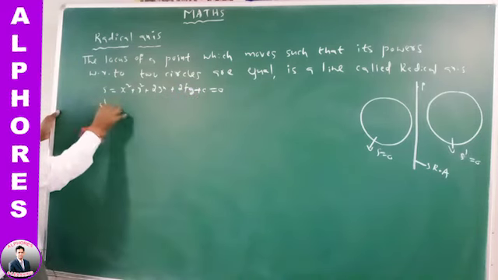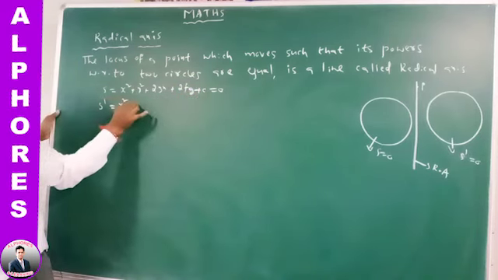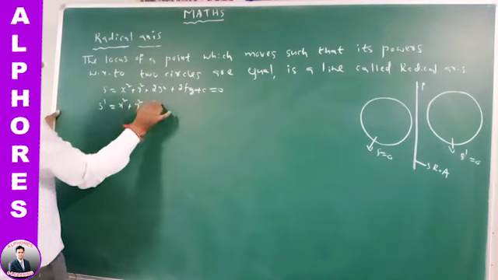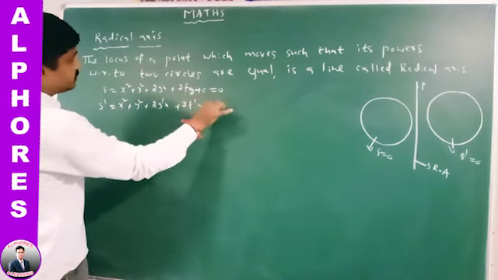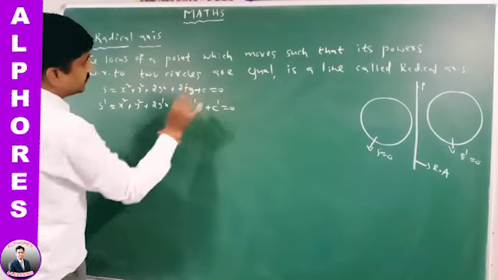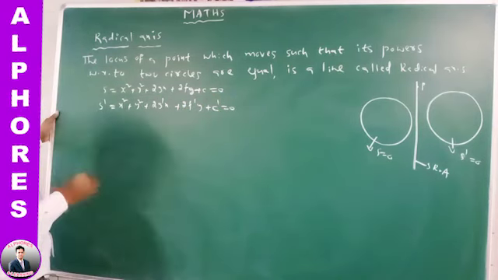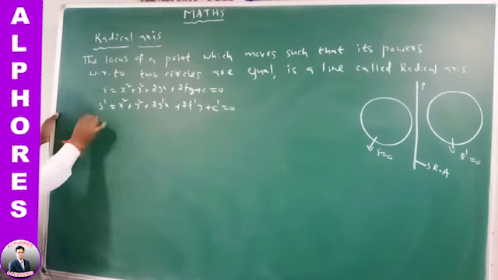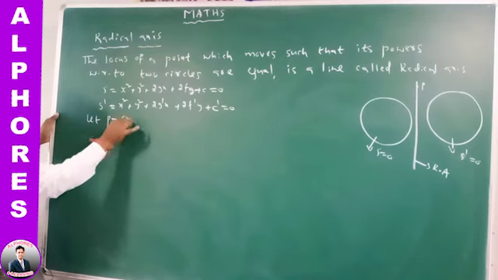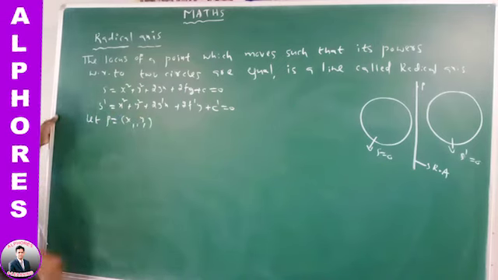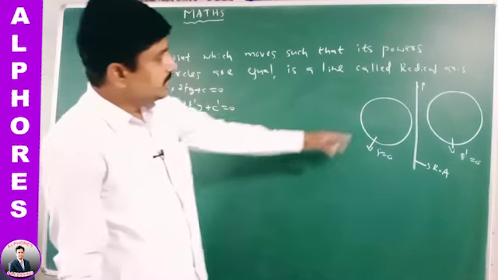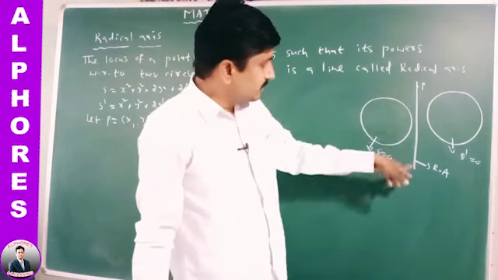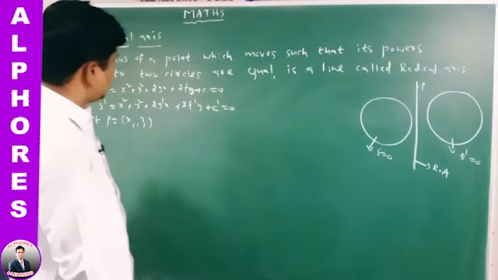S dash is x square plus y square plus 2g dash x plus 2f dash y plus c dash equal to 0. Here let P equal to x1 comma y1 be any point on the radical axis.